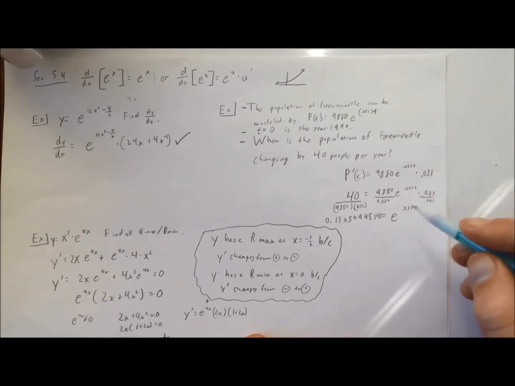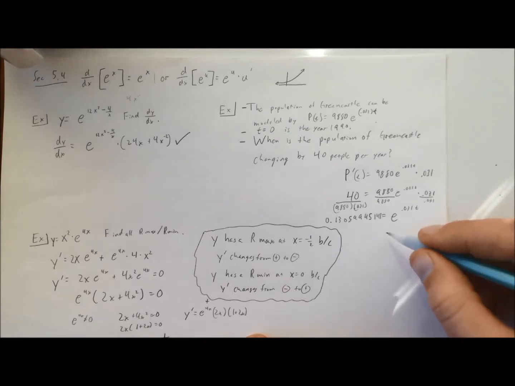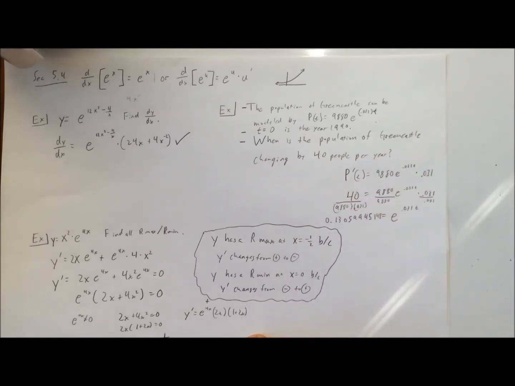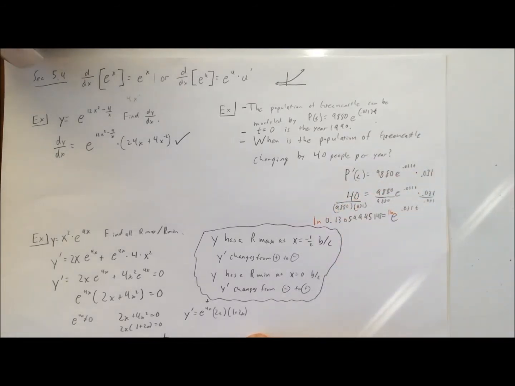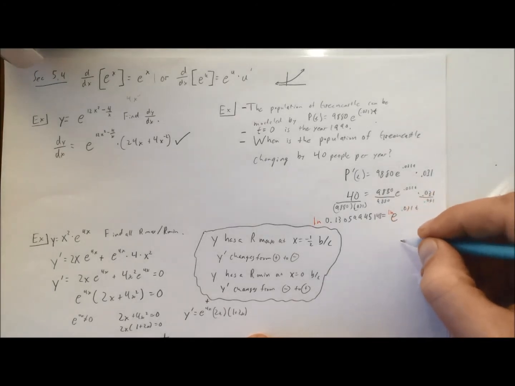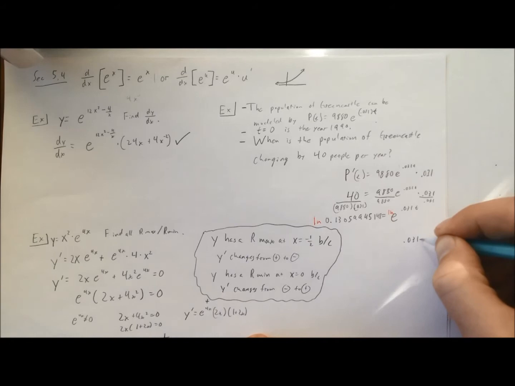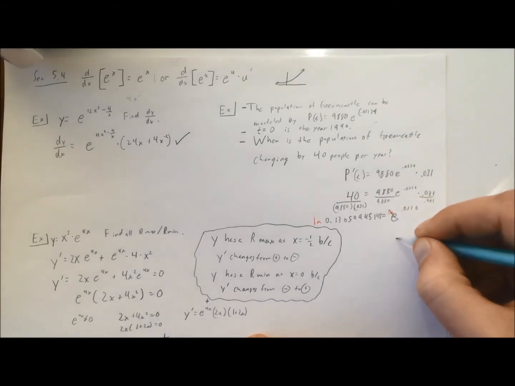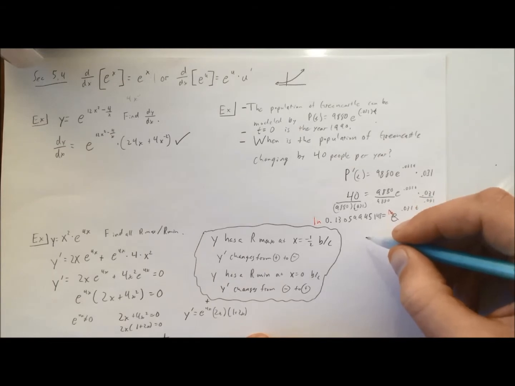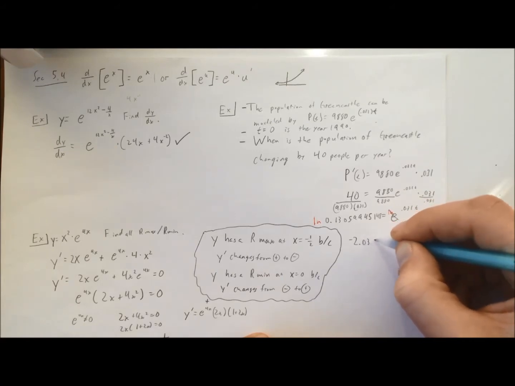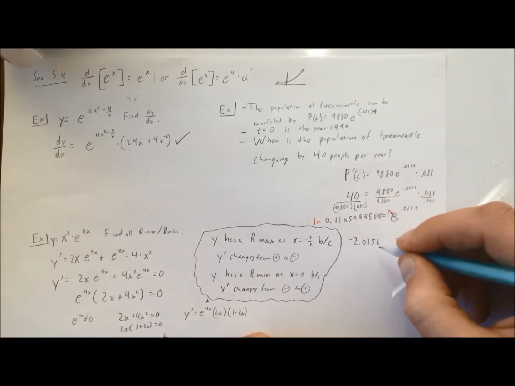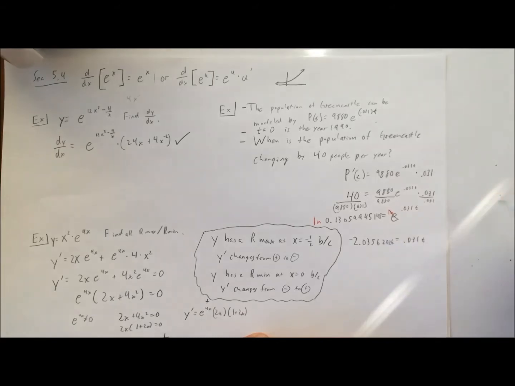To actually get my answer though, I'm going to have to get rid of this e, so I'm going to take the natural log of both sides. When I take the natural log of that number, I'm going to get 0.031t is equal to negative 2.0356026.